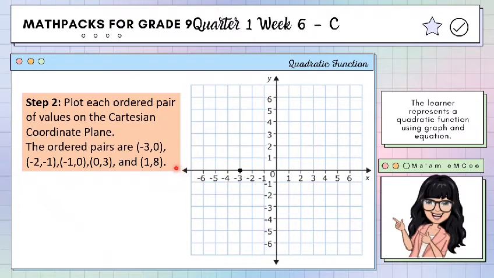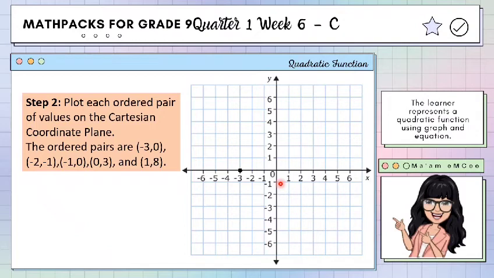First we have (-3, 0). Since your x here is negative, we will make 3 steps to the left side of our Cartesian plane. Because our y is equal to 0, our point will lie on the x-axis. So we have here (-3, 0).